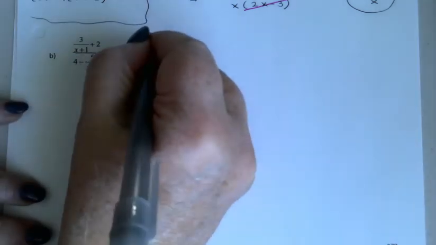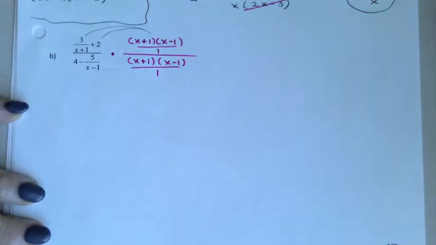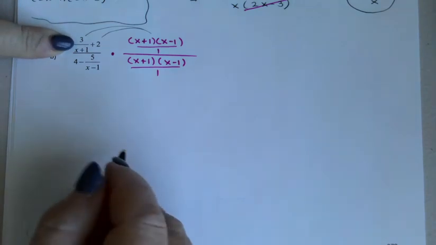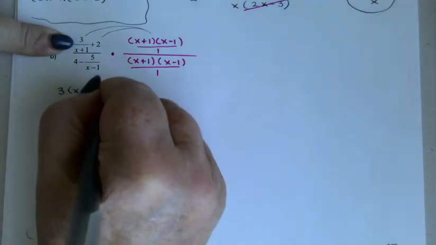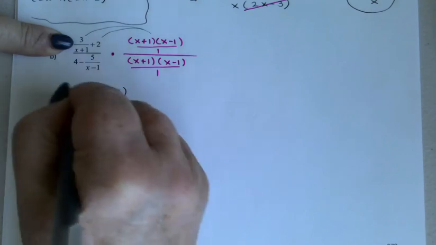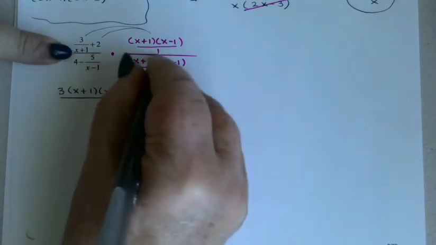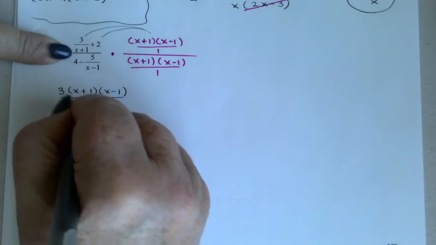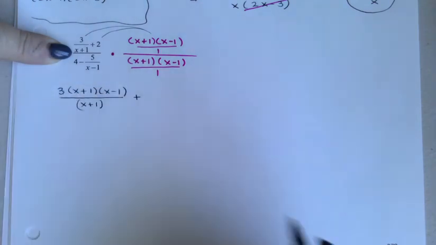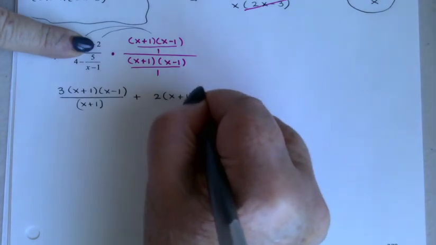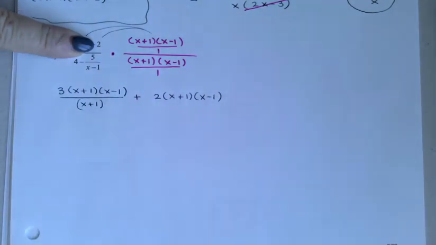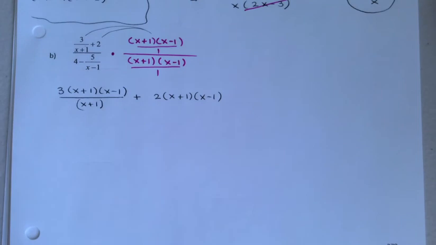All right, I have to distribute that here. So I'm going to have 3 times x plus 1, x minus 1 over x plus 1, plus 2 times x plus 1, x minus 1, and I don't really even need the one on the bottom there.